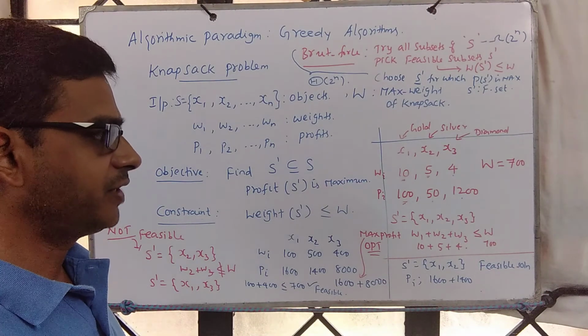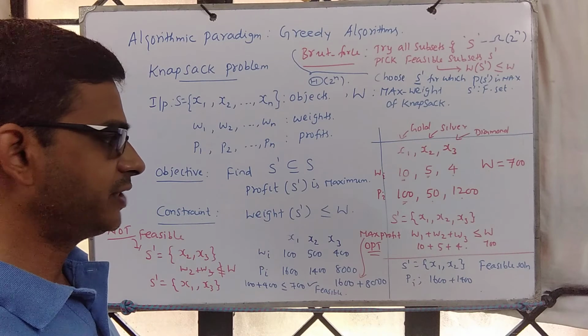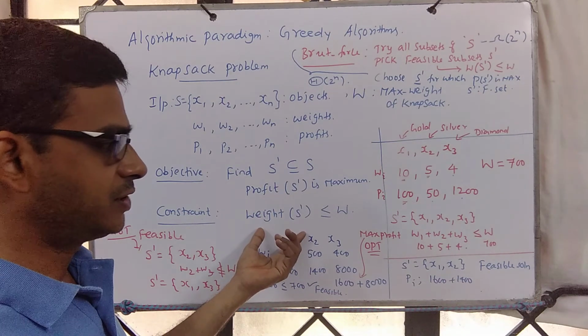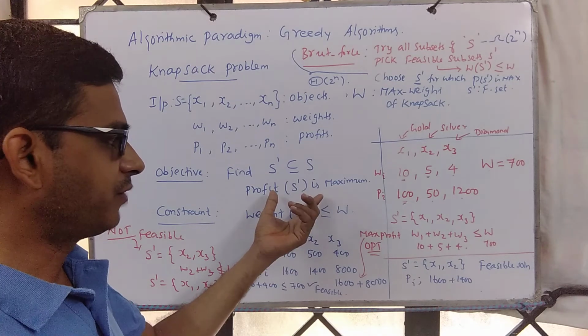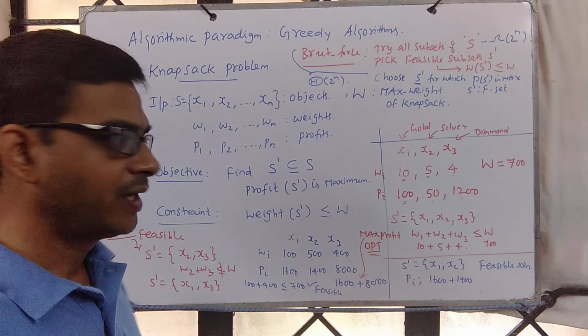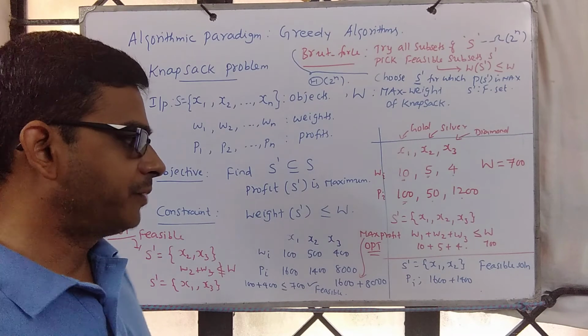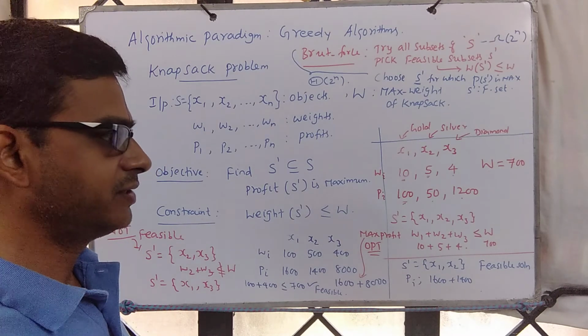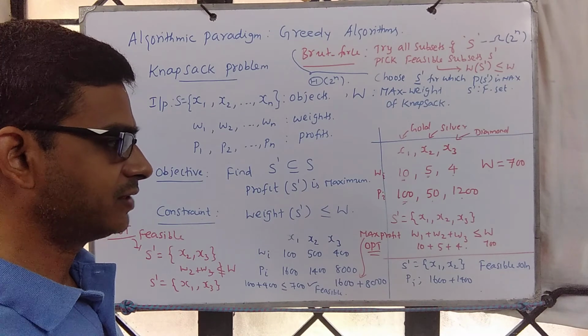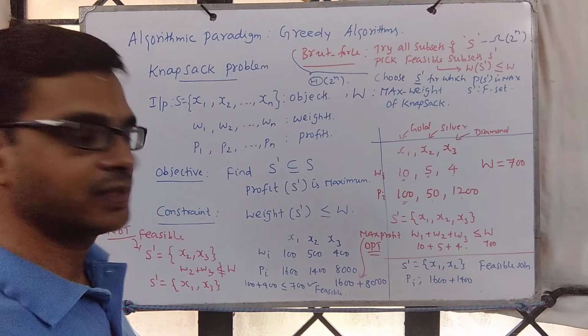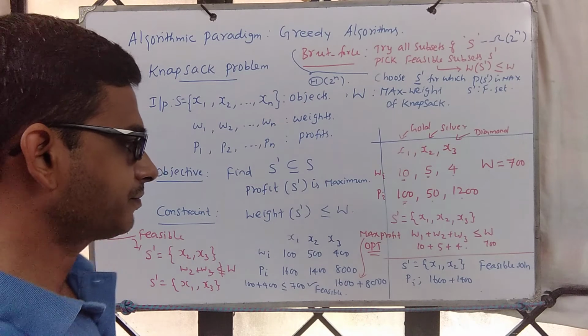The global optimum will give you all the objects to be included, for which the weight is at most W and profit is maximum. Along with that, you also give a proof of correctness saying the strategy indeed works, which means our greedy strategy becomes a greedy algorithm.